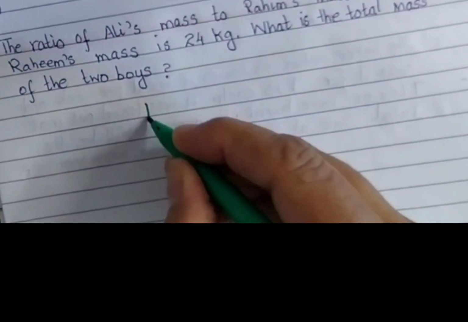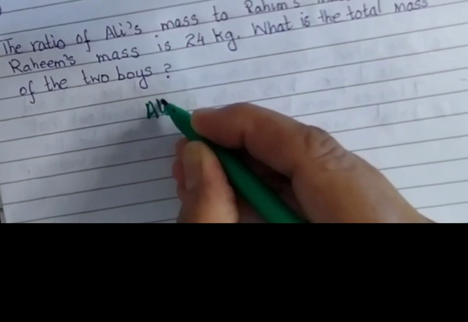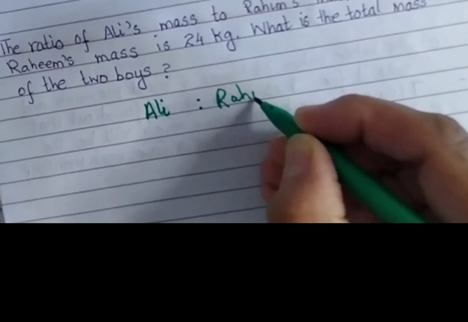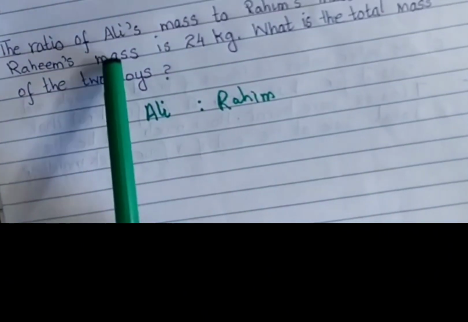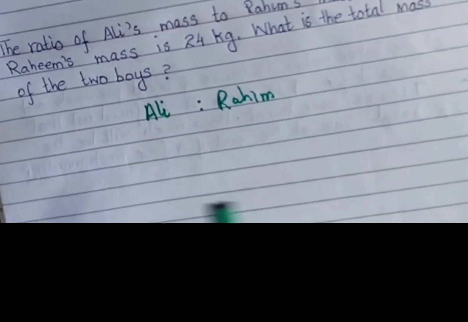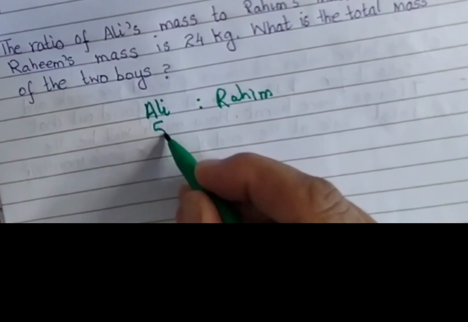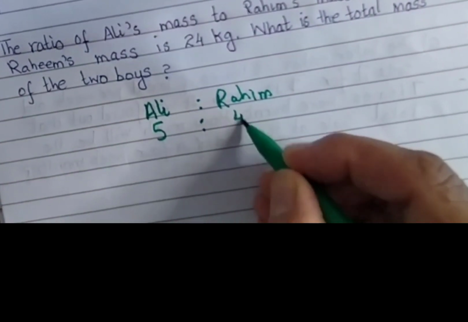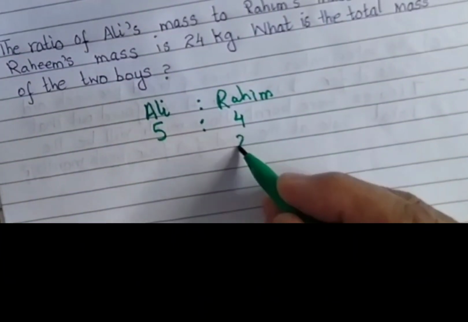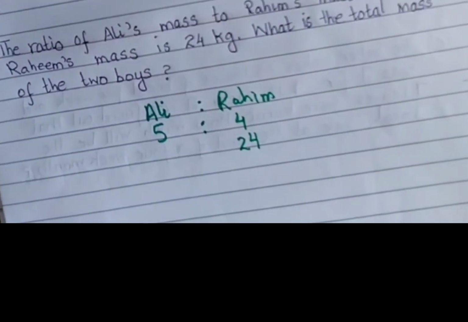So Ali comes first, ratio Rahim comes second, because whose name was first, Ali, then Rahim. So write in this way, 5:4. So how much is Rahim's mass? It is 24. So write 24 below 4.